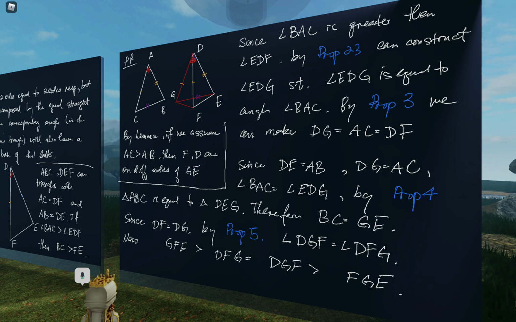And so this tells us that by proposition 23, again, BC is greater than FE, right? I think because the angle GFE is greater than FGE.